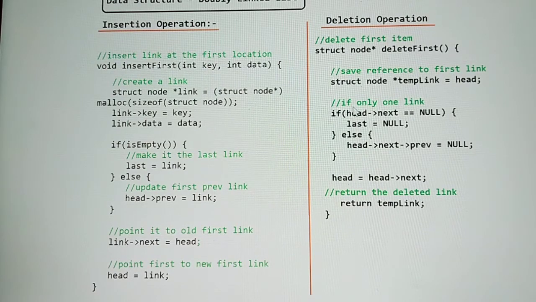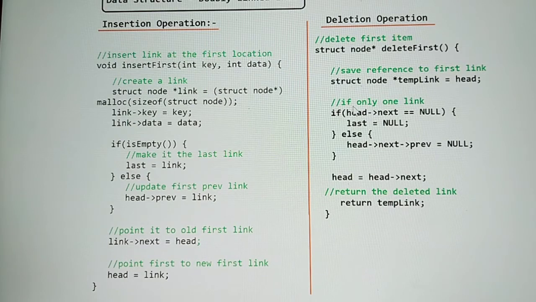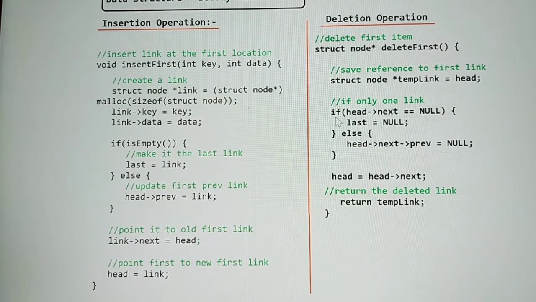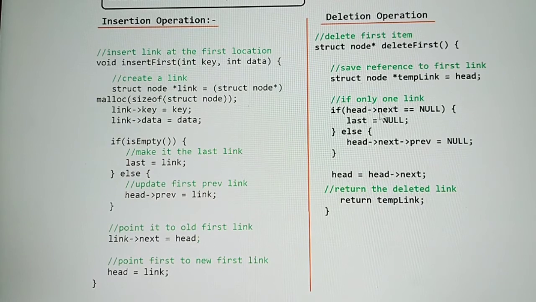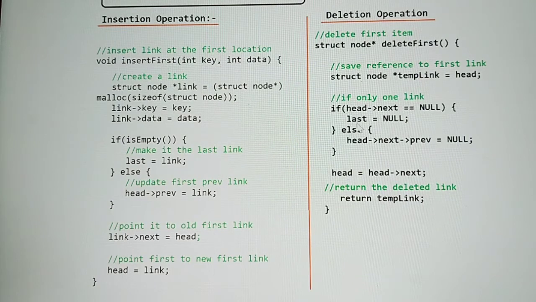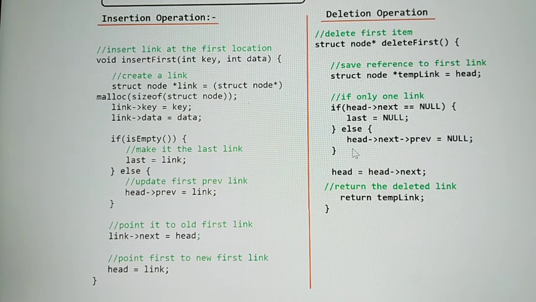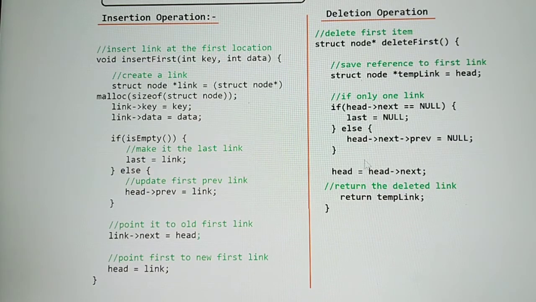All linked list code has the if operation, because either we have a linked list or we haven't any data in the linked list. So here it is mandatory to use if else. So in the if loop, head next is equal to null and last is equal to null, and in the else position, if we have a linked list, then what happens: head next prev is equal to null.